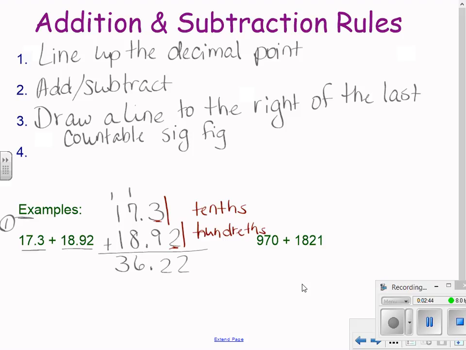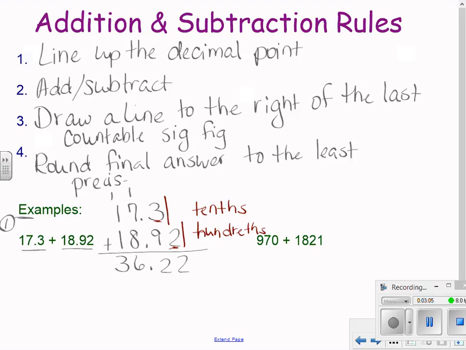The last thing we have to do is round. We're going to round our final answer to the least precise measurement. When you're using decimals, it's easy to find the least precise measurement, because it doesn't go as far in the decimals.